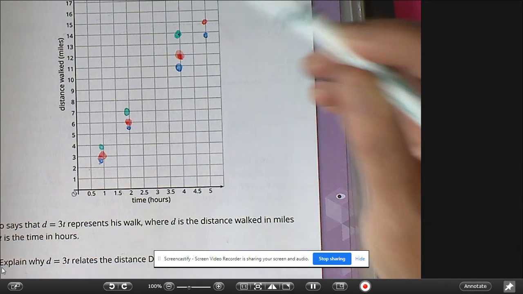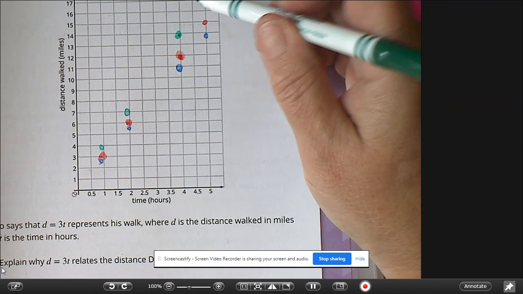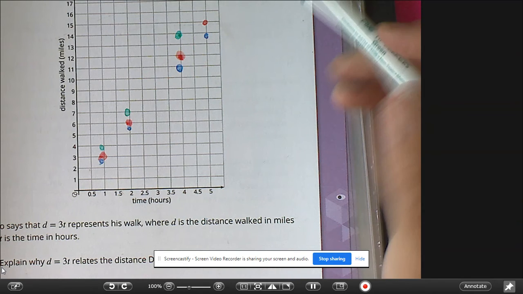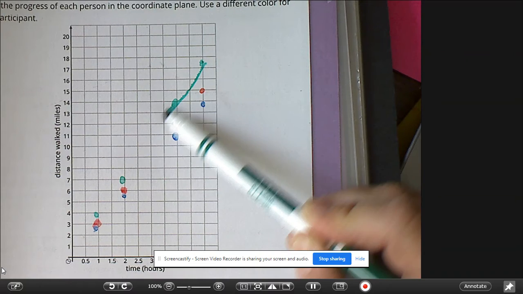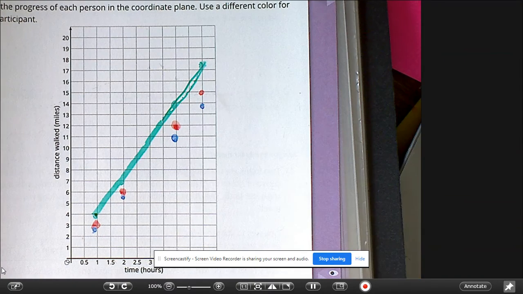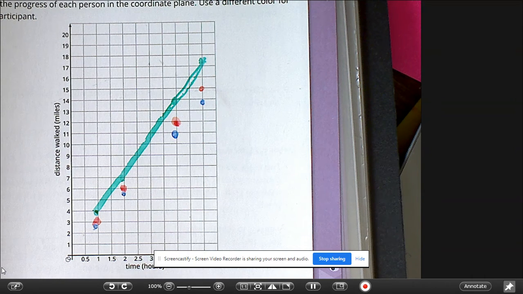That's right there. And in 5 hours, he walked 17.5. Up there. So you can see that these lines are going in a way that you can connect them, right? And that's important when you do these kind of graphs to see that, because if it's a constant rate, then it should go up at a constant elevation on the coordinate plane.